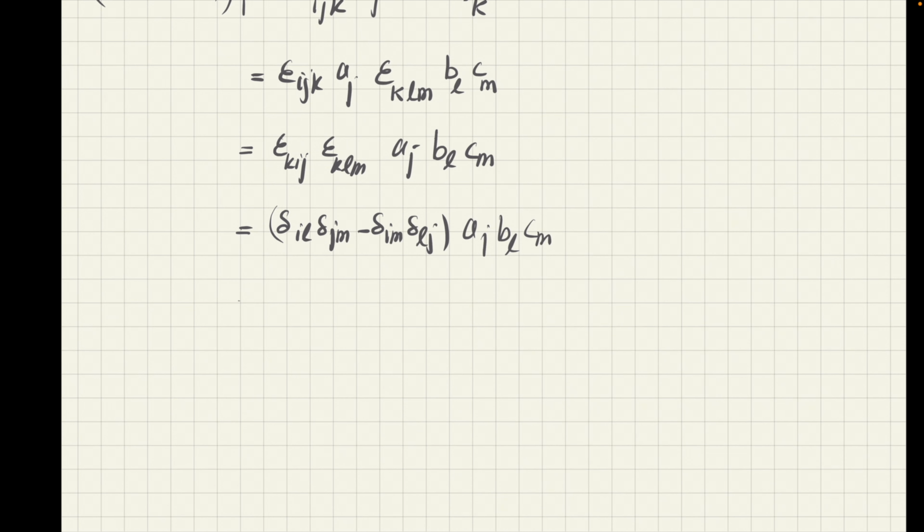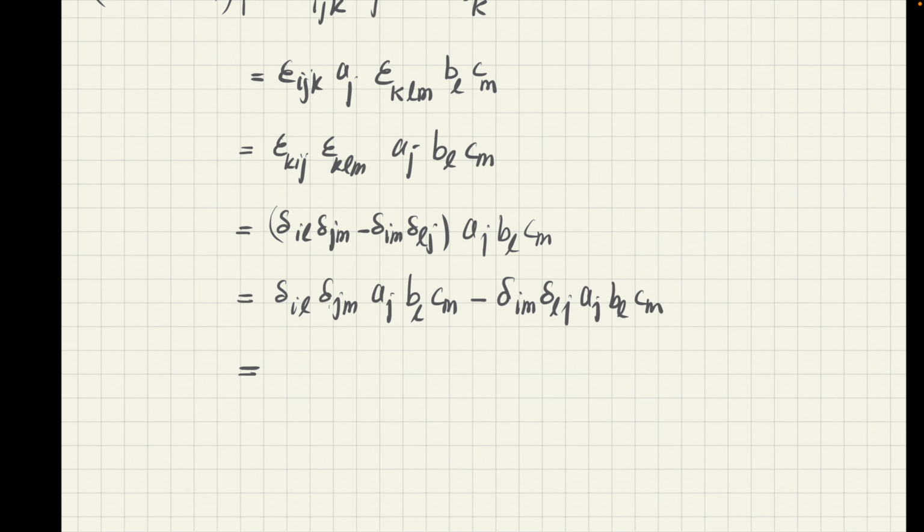And then I multiply this in, so it becomes delta il delta jm times aj, bl, cm minus delta im delta lj aj bl cm.